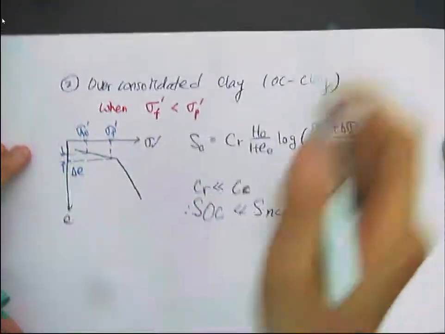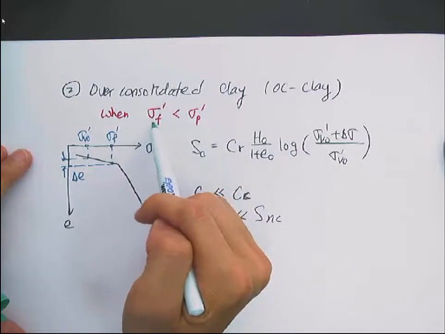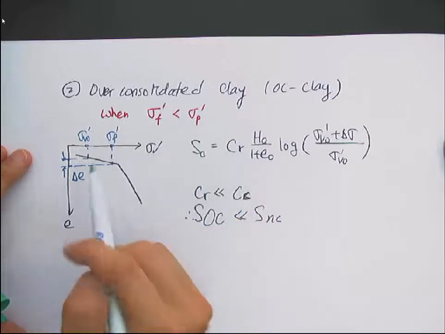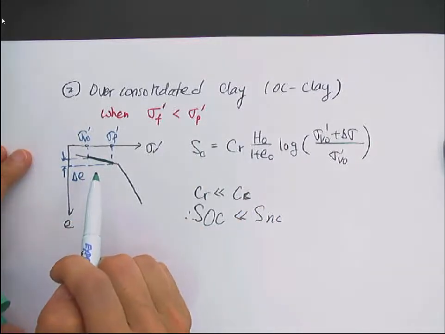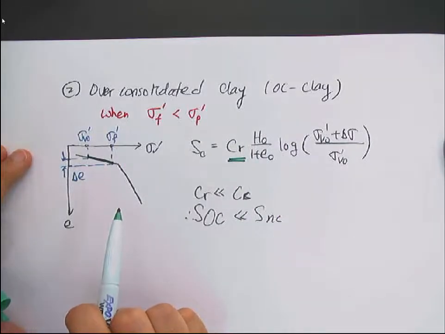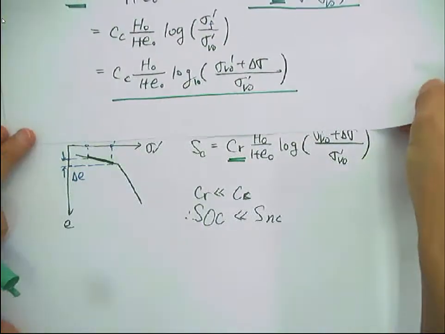In the case that we have over-consolidated clay and the sigma f, the final effective stress, does not exceed the sigma p prime, it only changes over this recompression curve, so you just need to use the recompression index. So here the shape is the same.